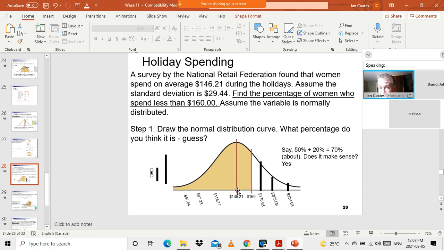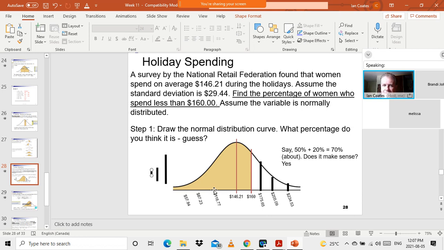So this is somewhere maybe around 20%. I really want you guys to try and practice this. Is it necessary to get the right answer? No. But being able to predict your answer will eliminate calculator error. So you see here, this is 50%. This is about 20, 25%. So we're looking for somewhere around 70%. That's the number we're kind of looking for.